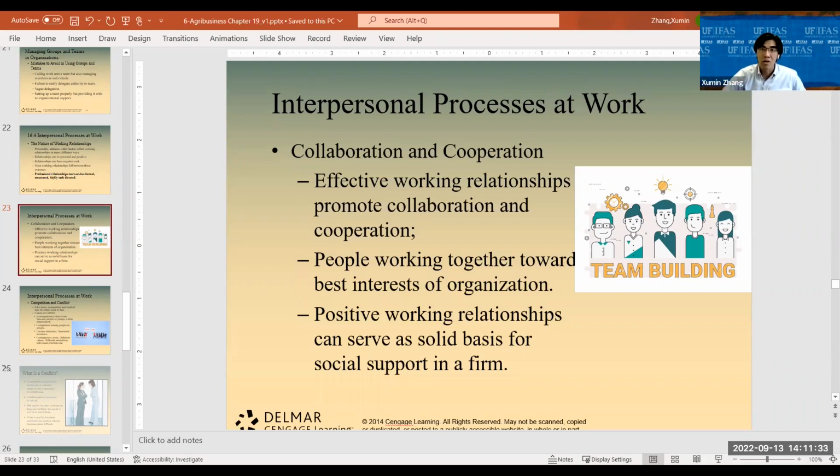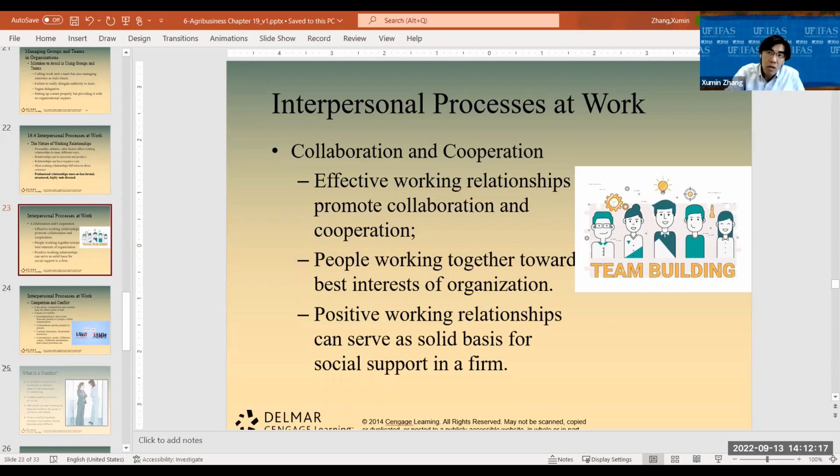You just come together. Usually in the workplace, we wear a mask of work and try to show a nice face, not our true face. But at least people get to know each other more, and they will have a better relationship. We want to develop this positive, effective relationship through team building.